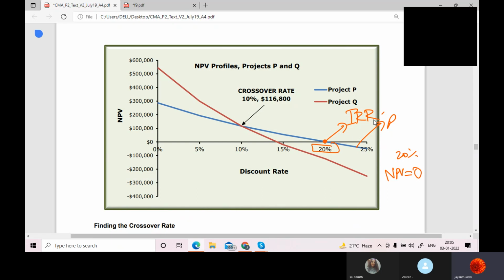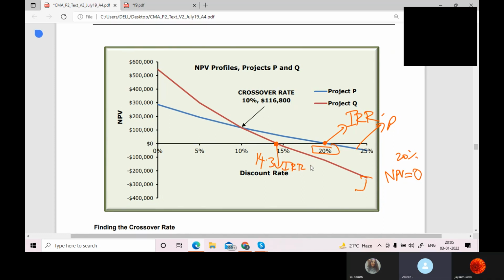So this is what is called IRR. Correct? Please tell me. Yes, sir. And here we will get 14.3 something. This will be your project Q's IRR. This is your crossover rate.